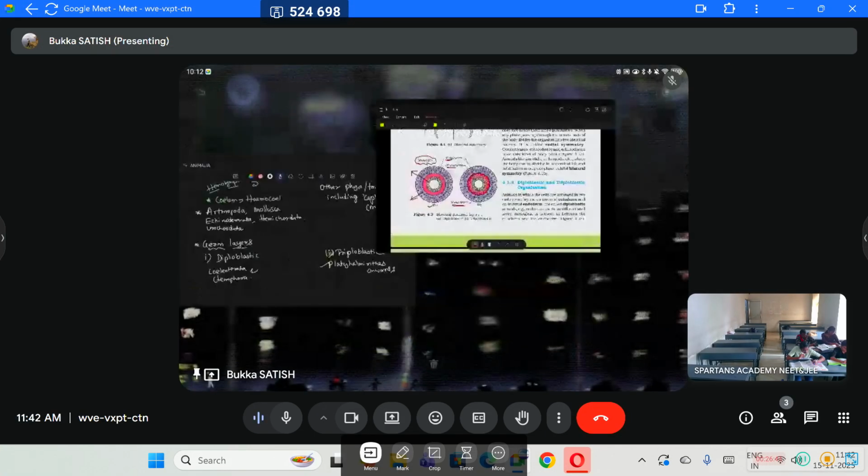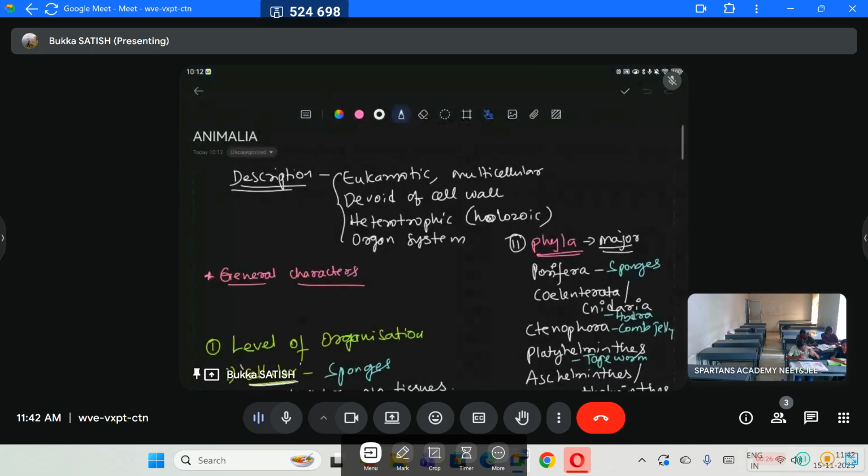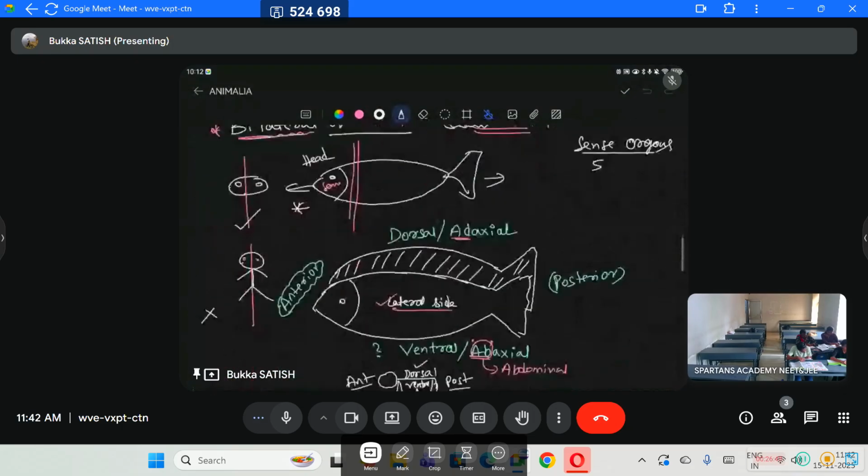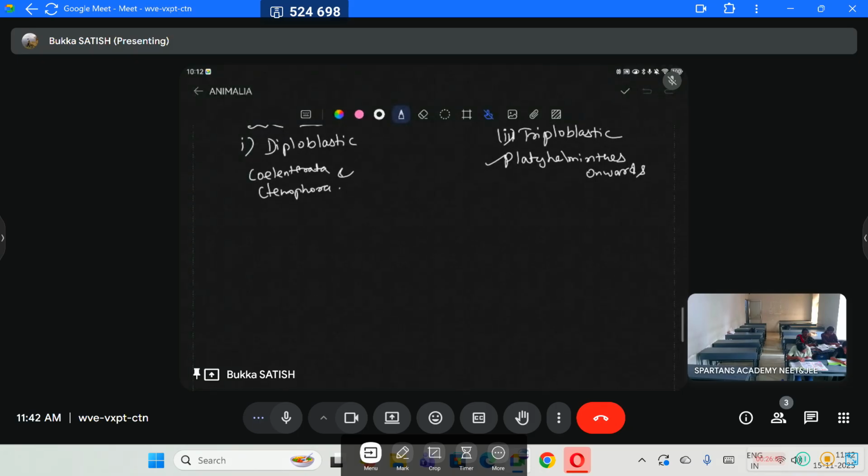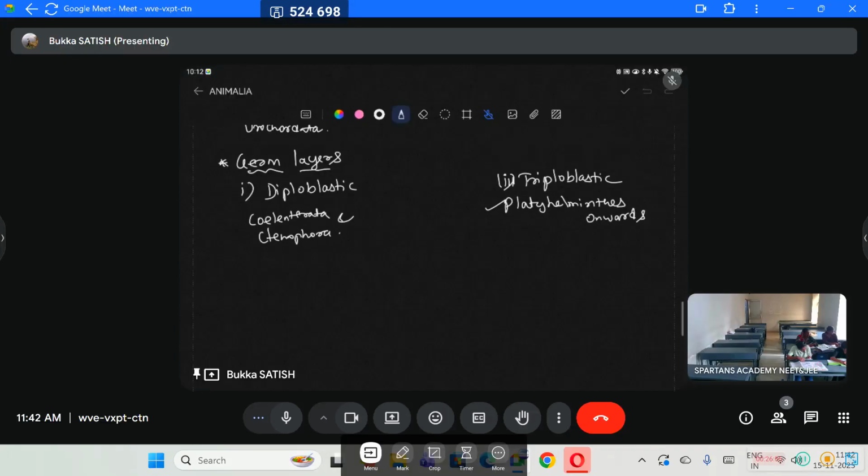Okay. Next, coming to the development part. Apart from this, in future discussions, we'll come across some particular structures and which germ layers they are forming from. Just for example, in the NCERT, whatever is given is what I am discussing first.